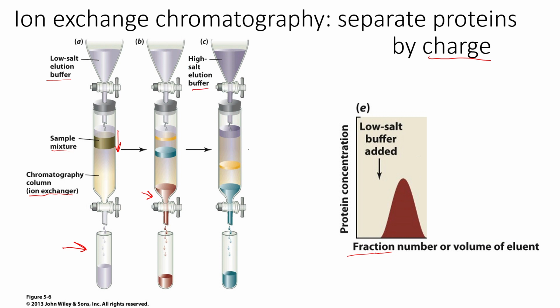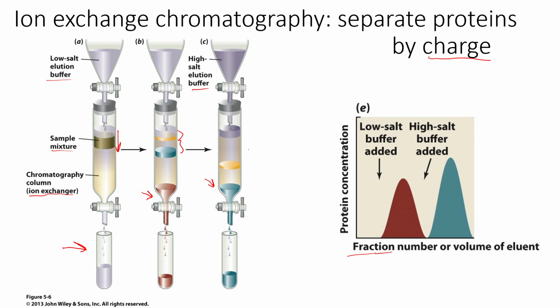The higher salt elution buffer will start pushing through some of these other proteins that were more strongly interacting with our ion exchanger column. The next one that's going to come through is our blue protein. That gets pushed out by the high salt, similarly to how salting out worked, where the salt interrupts the interaction of the protein with the chromatography column itself.